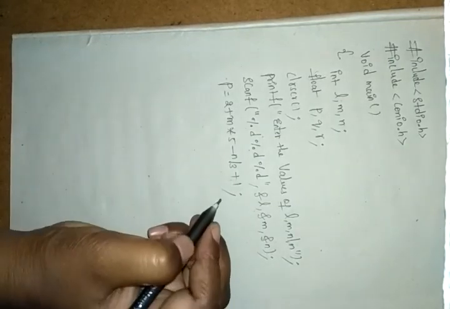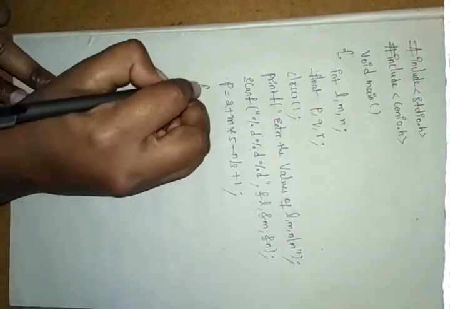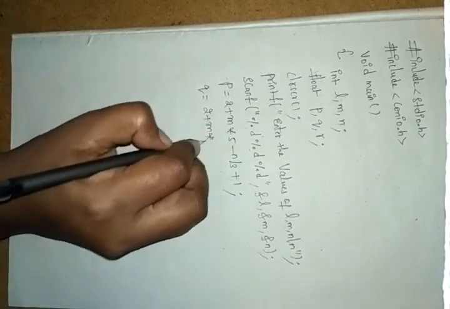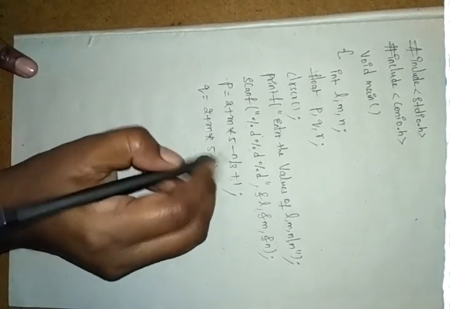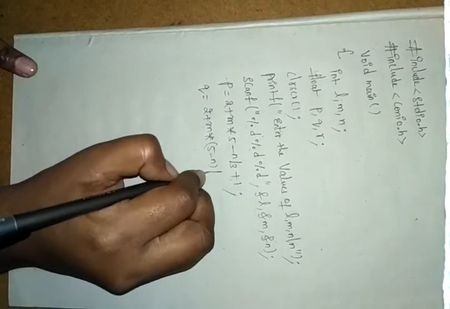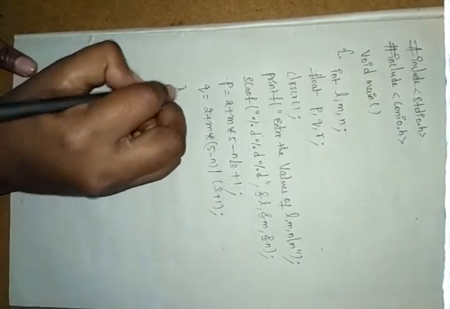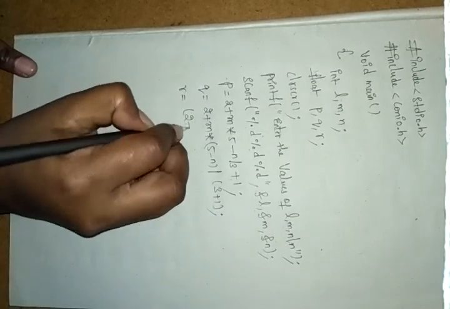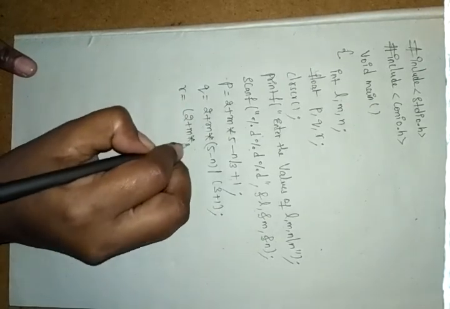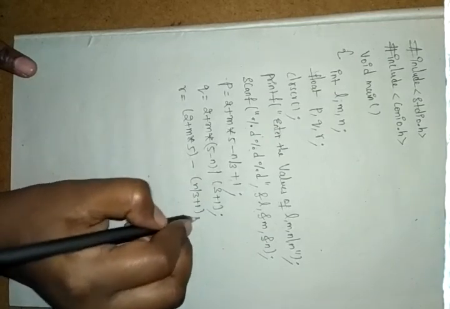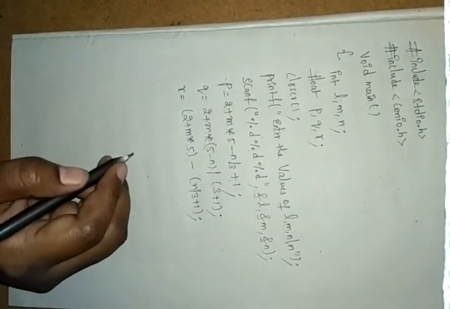So here I am giving one condition like this. Q equals to 2 plus M into 5 minus N by 3 plus 1. And next I am giving another condition, 2 plus M into 5 minus N by 3 plus 1. Okay, this is one condition.